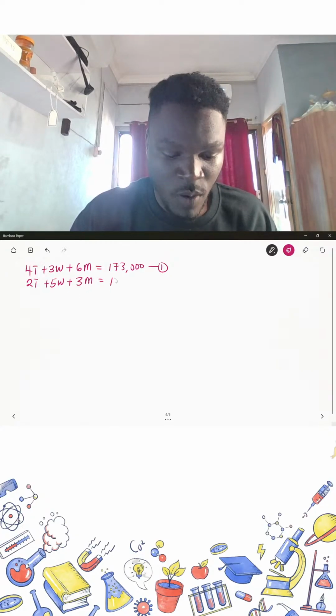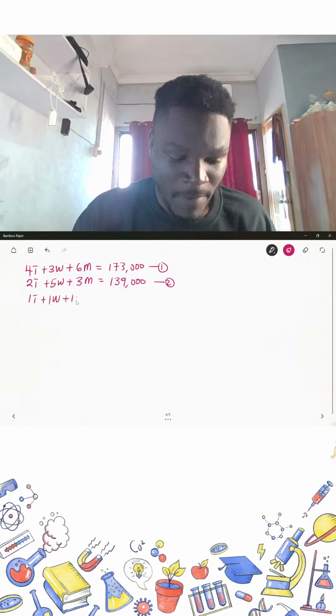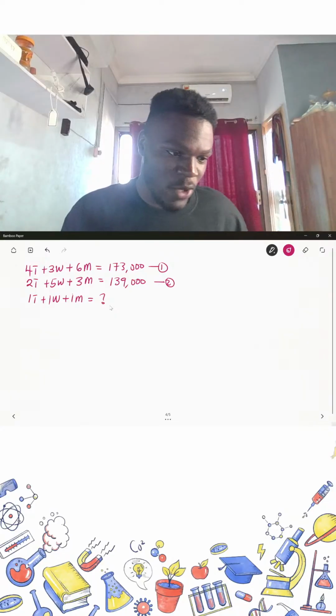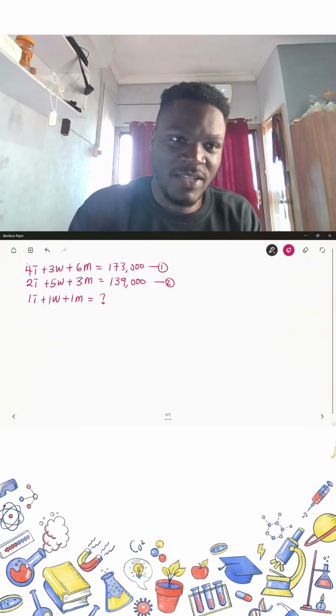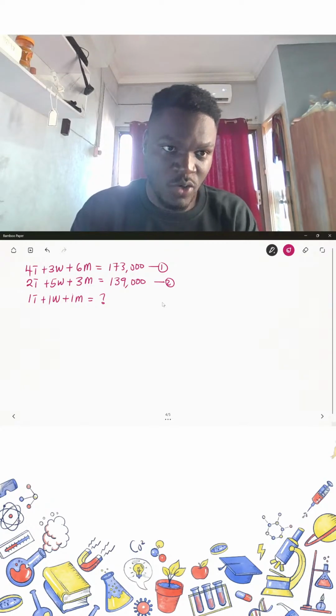That will give us 139,000. We make this our equation 2. Now we were asked that 1 TV plus 1 washing machine plus 1 microwave will be equal to what? We do not know. So far we have these 2 equations, equation 1 and equation 2, that we are looking at.